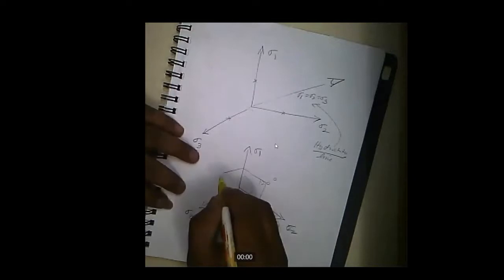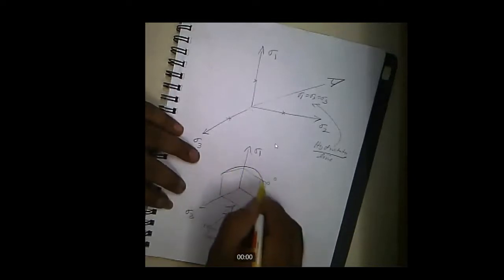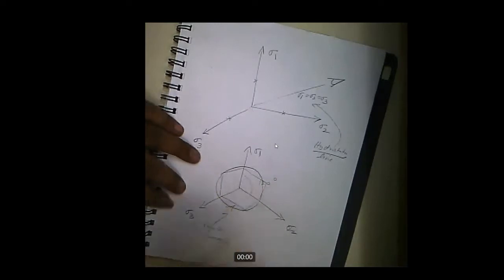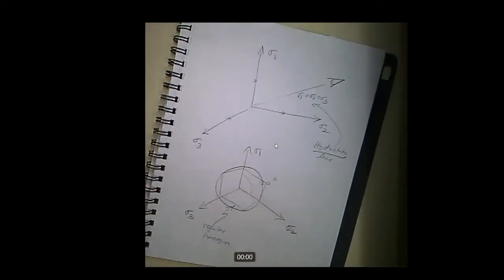And how will von Mises look like? Von Mises will look like a circular cylinder. While this is a hexagonal prism, this is a cylinder. Are you able to see? This is the hydrostatic line.